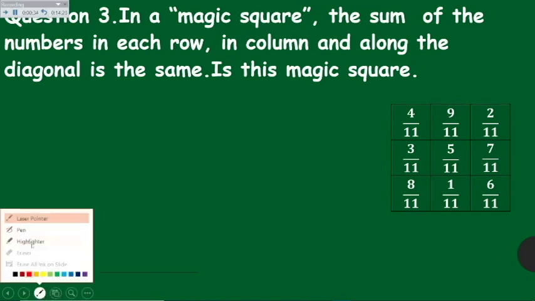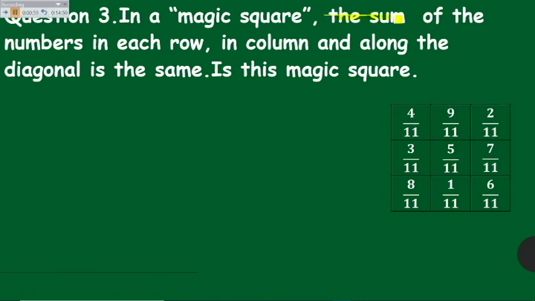So read this part very carefully. The sum of the numbers in each row, in each column and along the diagonal is the same.